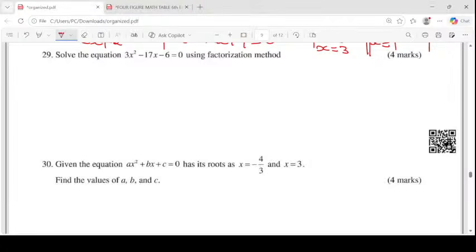Solve the equation 3x squared minus 17x minus 6 is equal to 0 using factorization method. Here you've been restricted on the type of method to use.